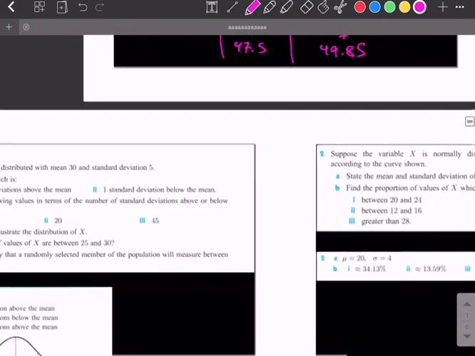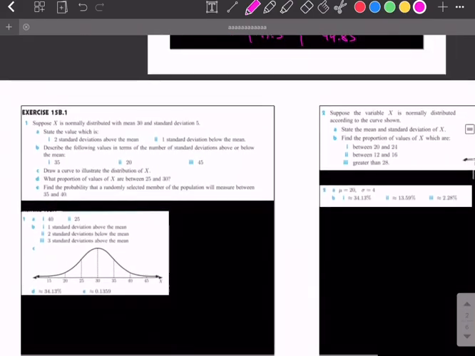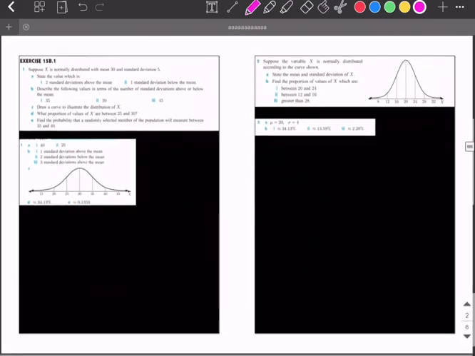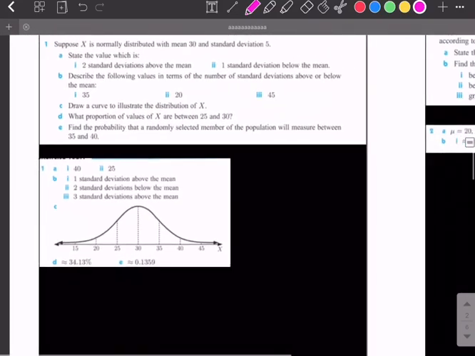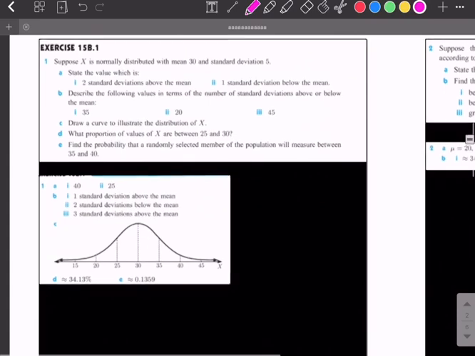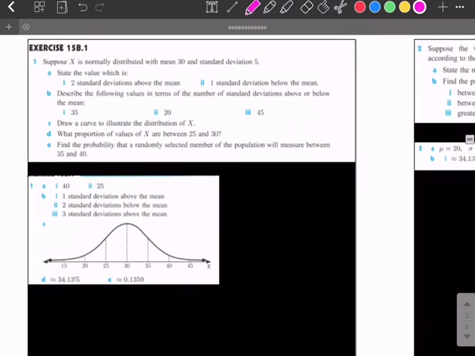Now let's see what we can do on the homework. So the first part is here. I gave you that suppose x is normally distributed with mean 30 and standard deviation 5.